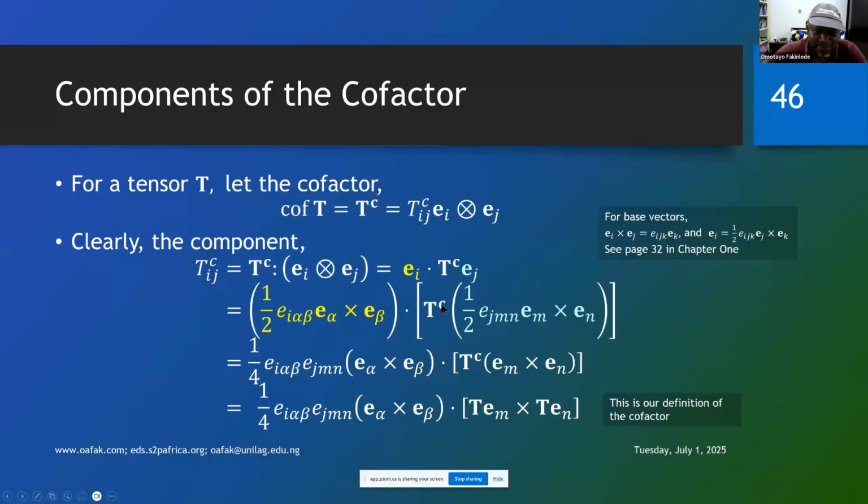Okay, so that's the first line. In the second line, you remember that e_i is half ε_ijk e_j cross e_k. This is something we derived in our vector analysis. And if you've forgotten it or you don't know where it is, go to page 32 in chapter 1 of the book. These two formulas are there.